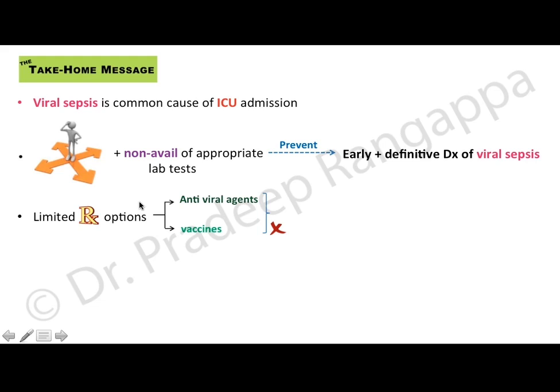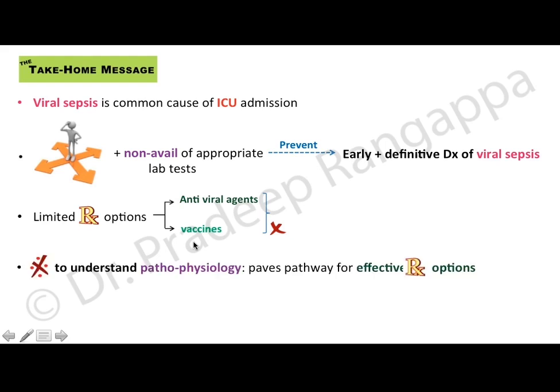Even if we find out that a patient has dengue virus, or other viruses like Ebola, our treatment options are very limited. For hantavirus we have ribavirin, and for herpes we use acyclovir. But for most other viruses we do not have specific therapies like antiviral agents or vaccines, so that limits our therapy in viral sepsis.